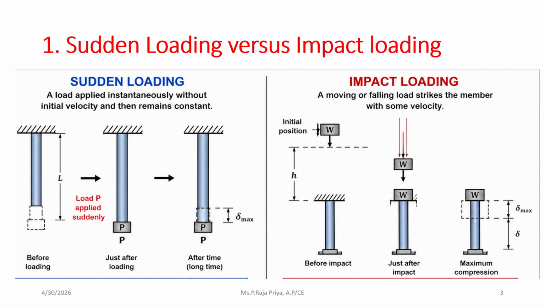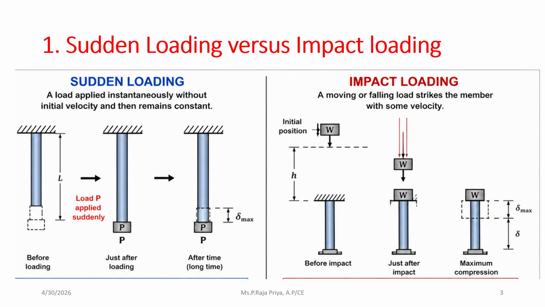The first one, here is the difference between the suddenly applied loading and the impact loading. In the previous lecture itself, I have discussed what is the difference between suddenly applied load and impact load. Again, we'll see the difference between those two. In suddenly applied load, the load will be applied instantaneously, but without any initial velocity, and then it remains constant.